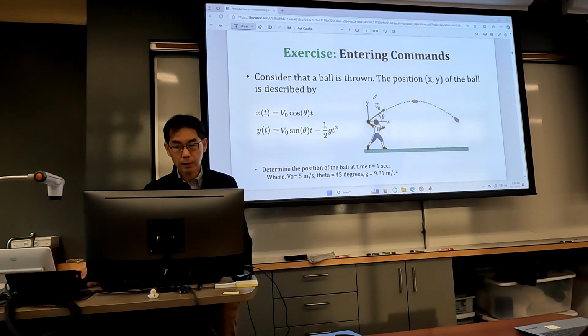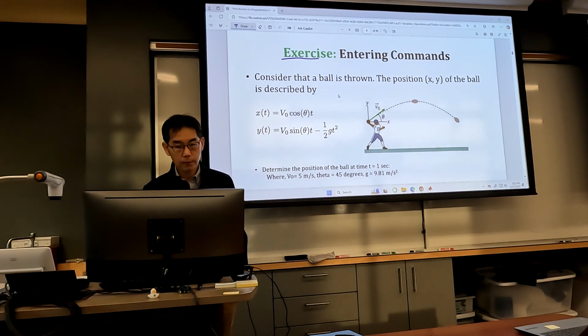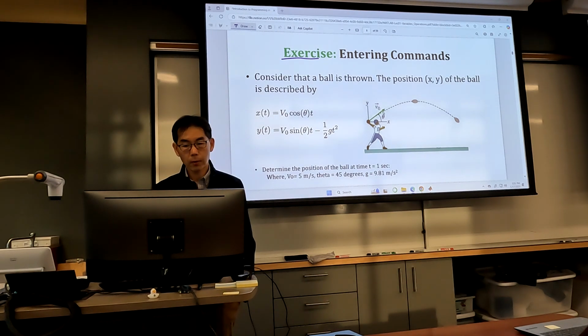Then let me start our first MATLAB session using this example exercise. Somebody launches a ball with a certain initial velocity at a 45 degree launching angle, and this is the gravitational acceleration. After somebody launches the ball, we want to track the position of the ball as a function of time.